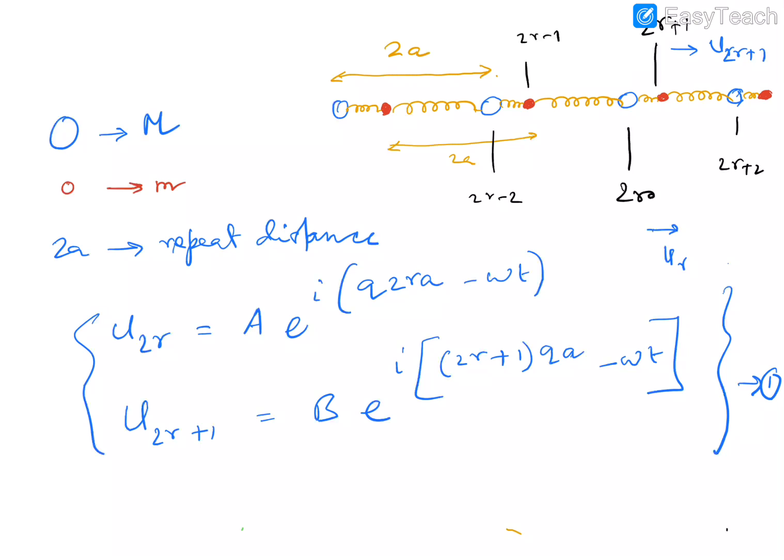So we are considering the two-atom basis and writing the displacement equation for that. Now if we consider that only the nearest neighbor restoring forces are important, and the oscillations are small, then the displacements will be within the elastic range of Hooke's law.